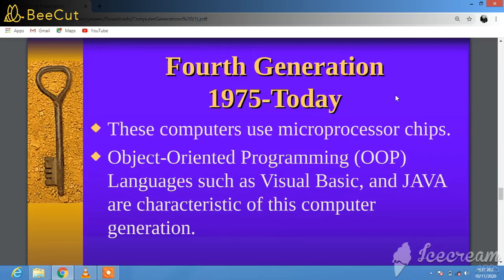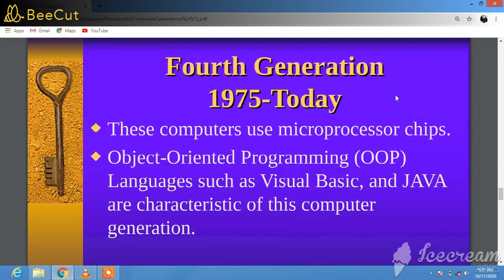Object-oriented programming languages are those languages in which we cannot access the data directly. In these languages, the elements are accessed by member functions. The main features of the fourth generation are: the systems were very cheap and accessible to everyone, portable and reliable use of PC, and very small size.